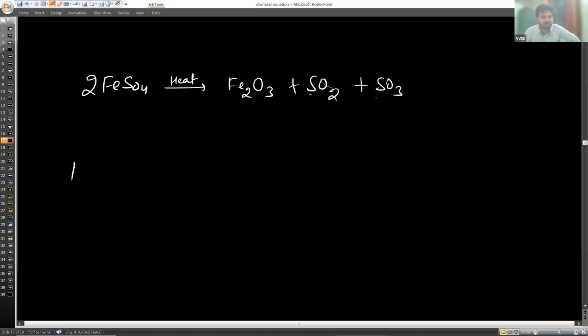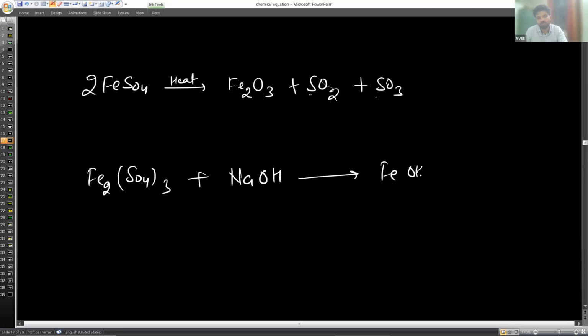But if I take a reaction, let's have an example, Fe2(SO4)3 when it reacts with NaOH, it will give you Fe(OH)3 plus Na2SO4, sodium sulfate.